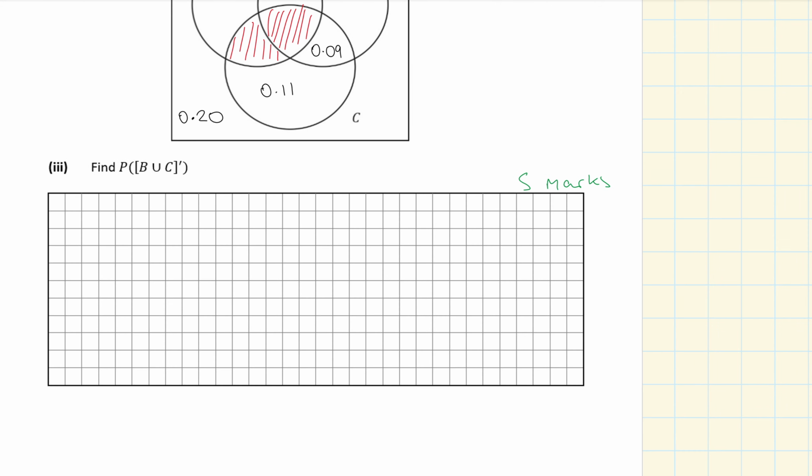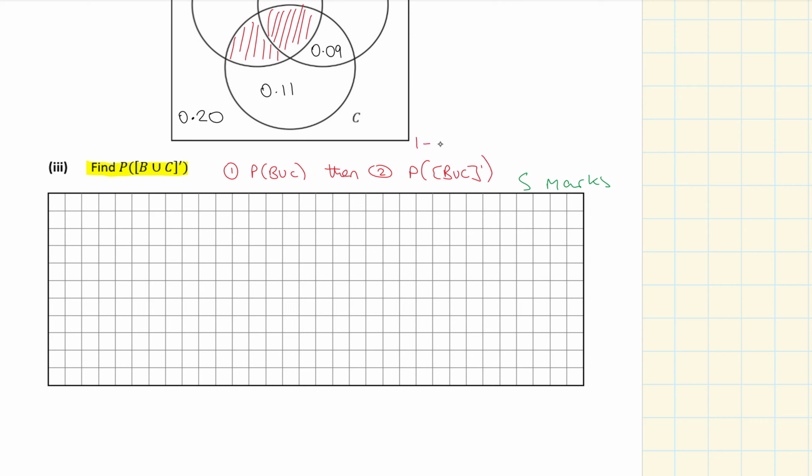And our last one is to find the probability of B union C complement. So the first thing we do is find the probability of B union C, and then we find the probability of B union C complement.